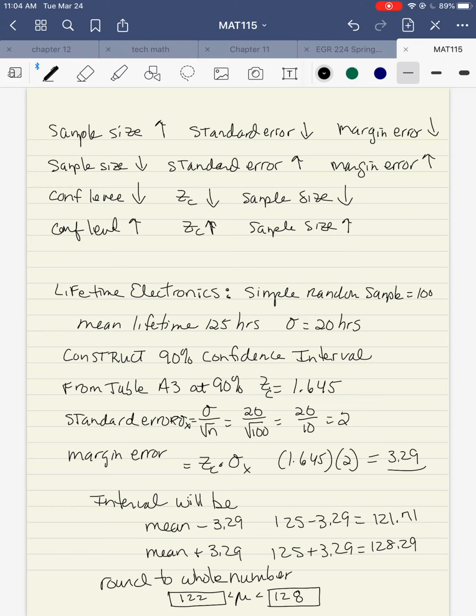So I'm going to round the 121.71 to 122 and the 128.29 to 128. Again, I'm using regular math for this rounding. So if I wanted to talk about this, I could say that I'm 95% confident that within the samples of each of 100, the battery life would be between 122 hours and 128 hours.